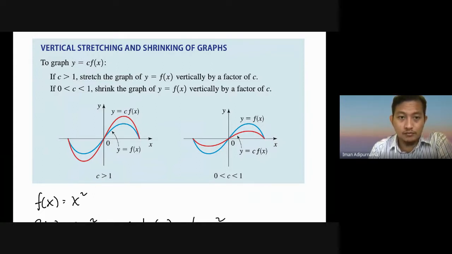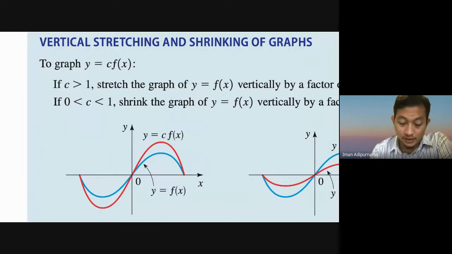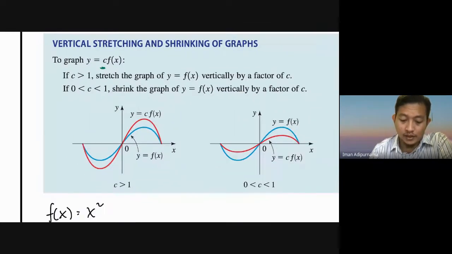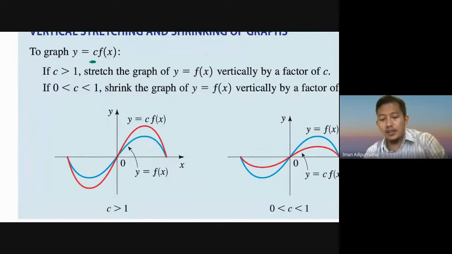So we can think of a constant. Here we are making a constant c, okay? And for vertical stretching, if c is a positive value and greater than 1, we say that we are vertically stretching by a factor of c.